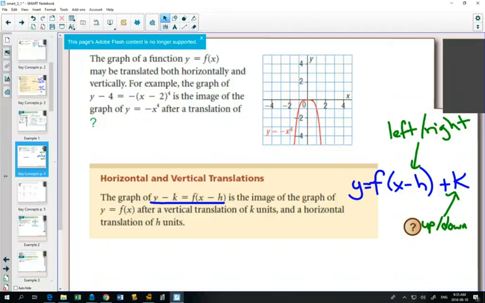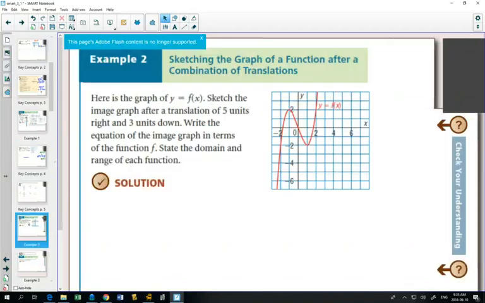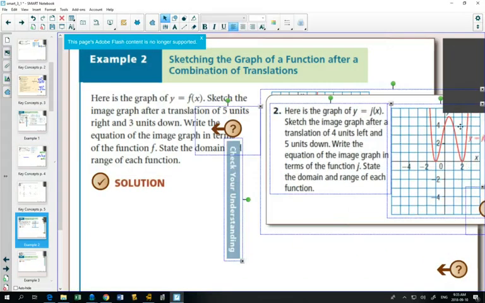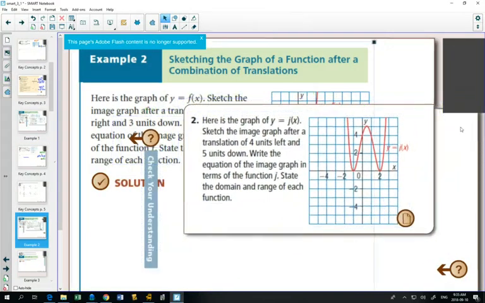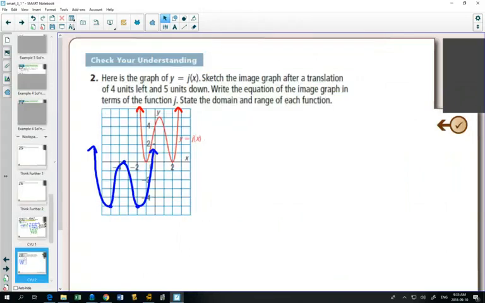So now that we have this in mind, we can go back to our example. Because again, we need to write the equation of the image graph in terms of the function j. So it's an equation, so we need y equals.